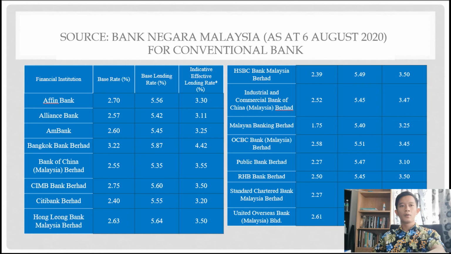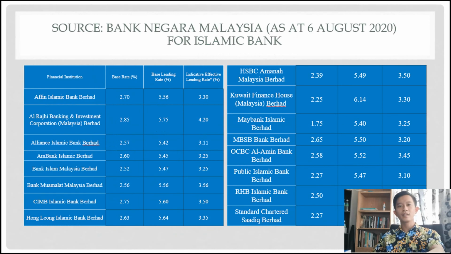For the next slide, it is for Islamic banks. As you can see, you can compare either base rate or base lending rate, whichever is more effective. So that's all from me, and I will continue the presentation with my colleague. Thank you.